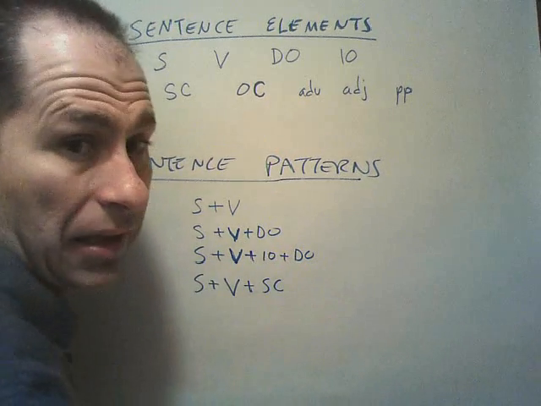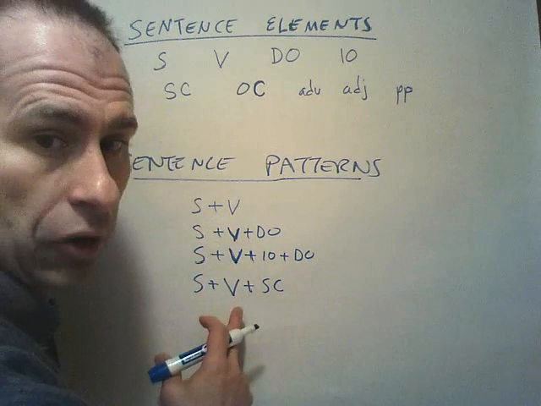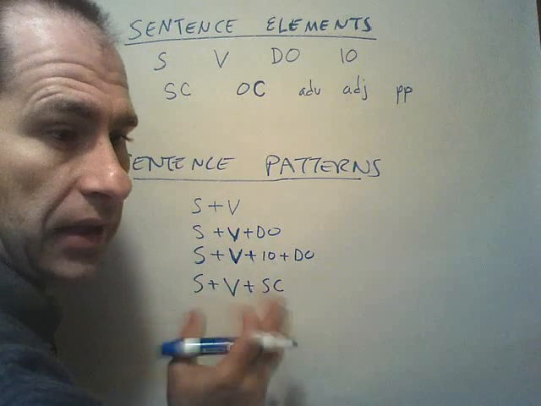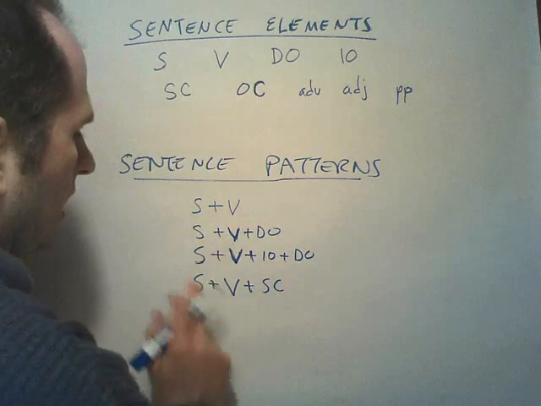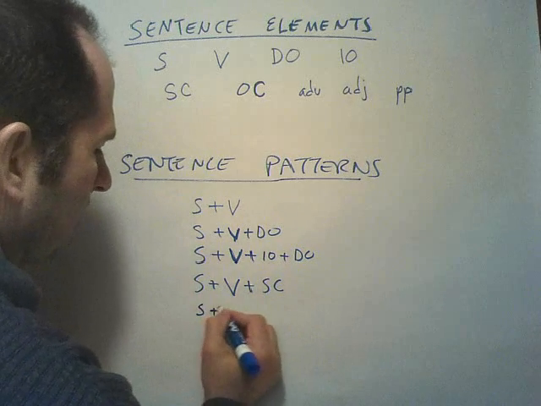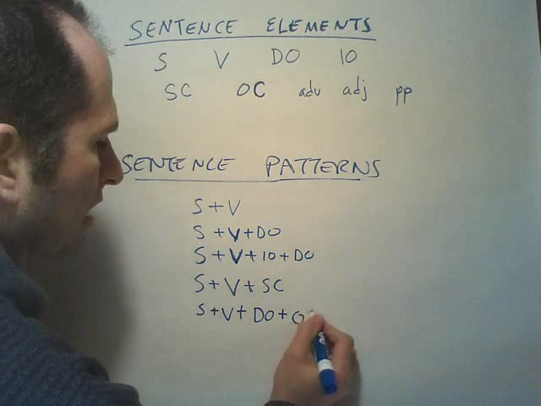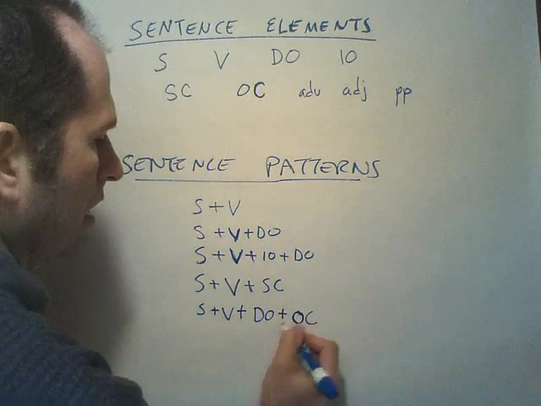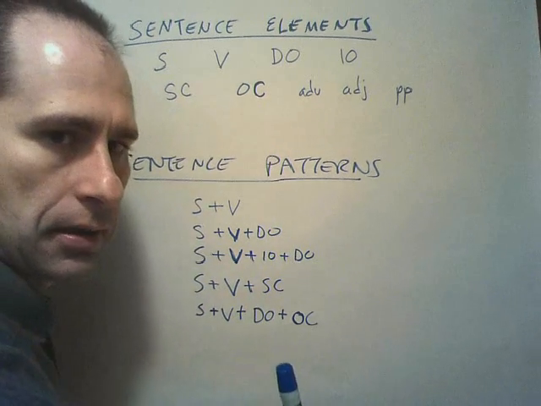But a linking verb is a type of verb. We may as well stay with a general category of verb so that we have fewer gears to play around with, all right? And then we have the subject plus verb plus direct object plus object complement. So far, we have these 5 patterns.